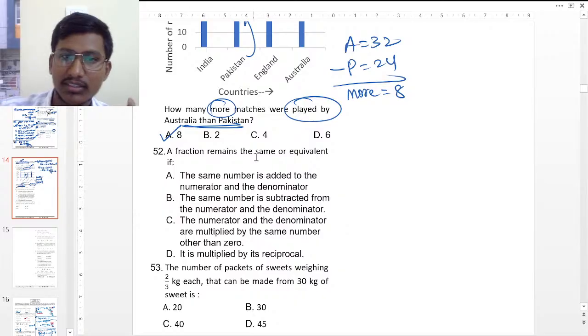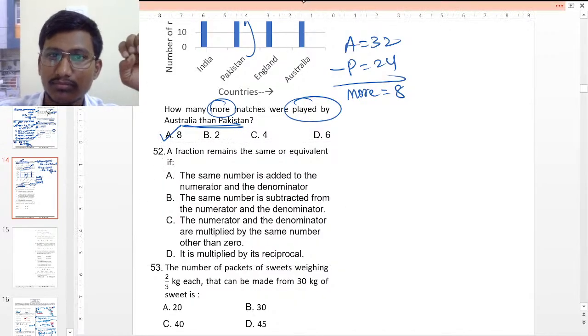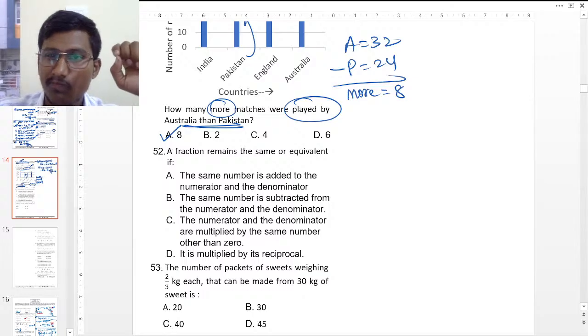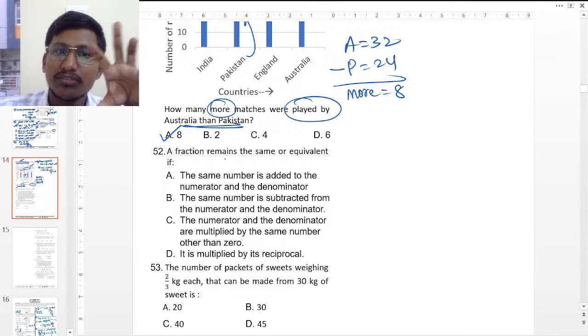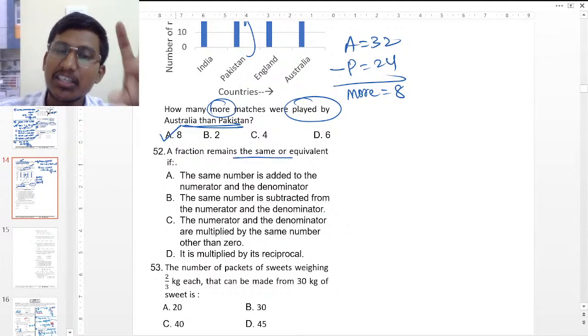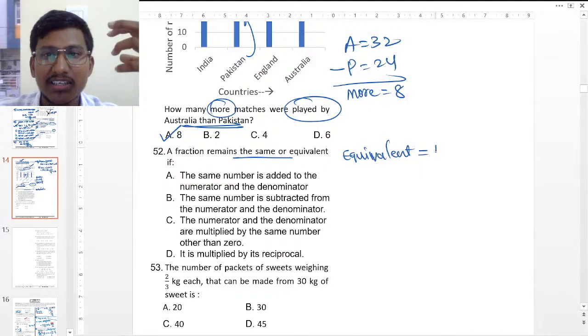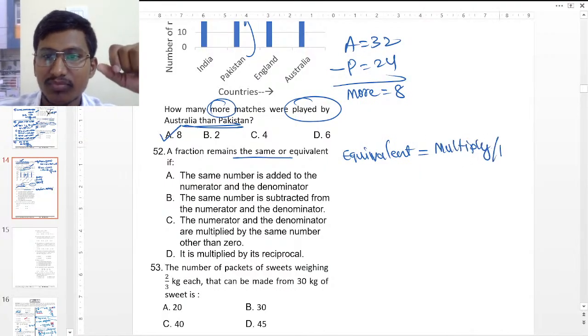So let us read the question now. A fraction remains the same, or equivalent. How do you find an equivalent fraction? By multiplying or dividing, we get the equivalent fraction, right?